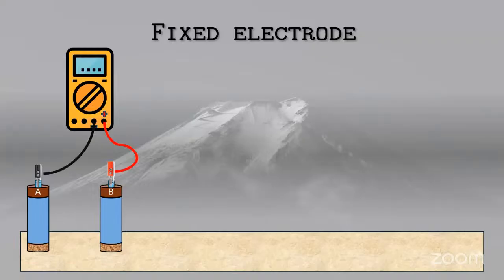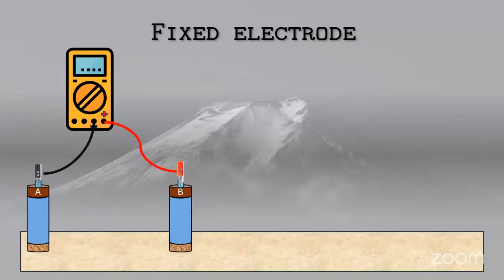The fixed electrode array is based on having one fixed and one movable electrode. In this case, the fixed one is electrode A and the movable one is electrode B. As you can see, electrode B is the one that moves. Important: the fixed one will always be the negative one.